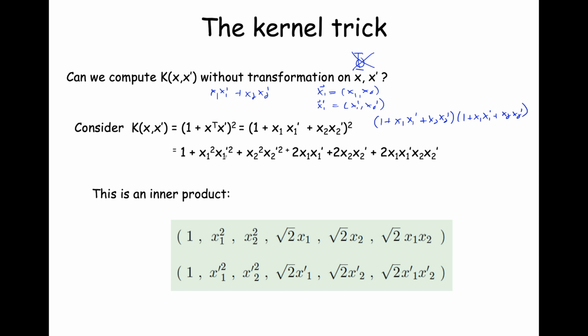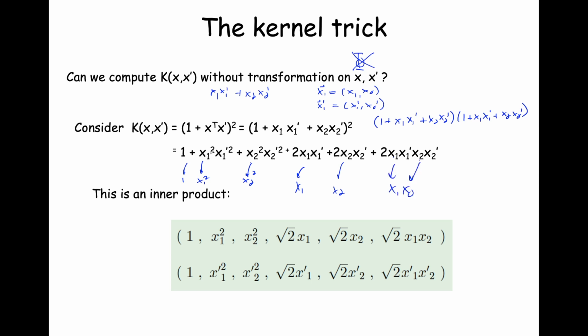That's x1 squared, x1 prime squared. Here, x2 squared, x2 prime squared. So we separate out the 1 here, the x1 squared, the x2 squared here, x1 here, x2 here, and x1 x2. We separate out those.